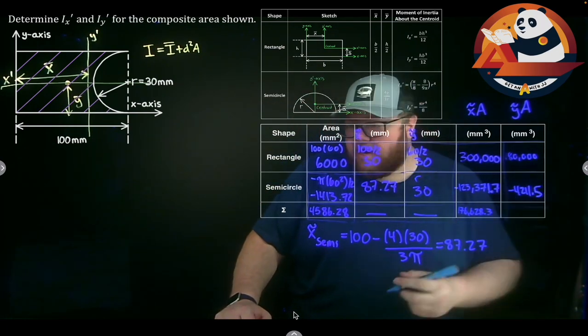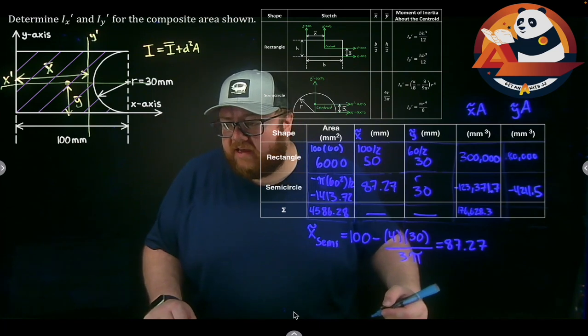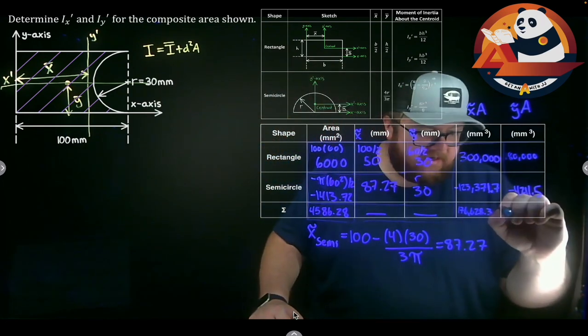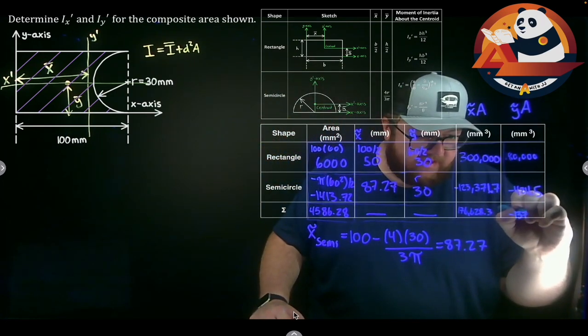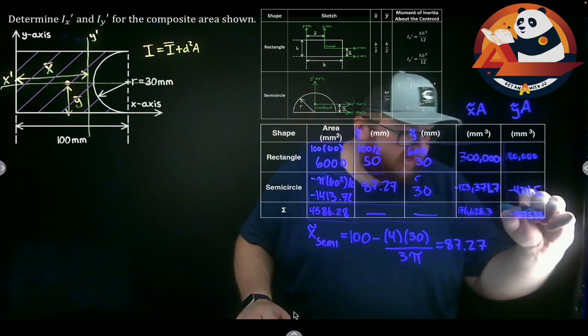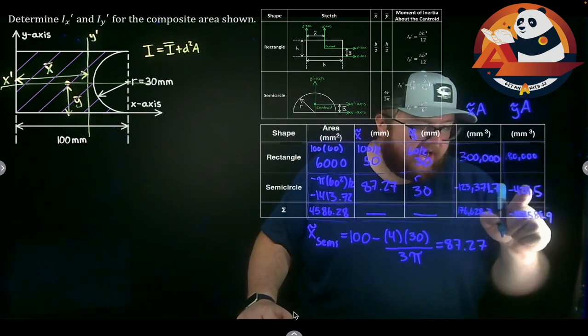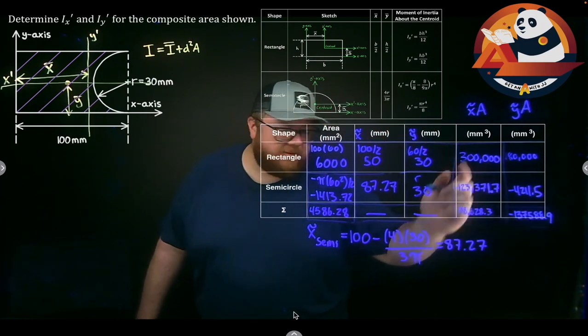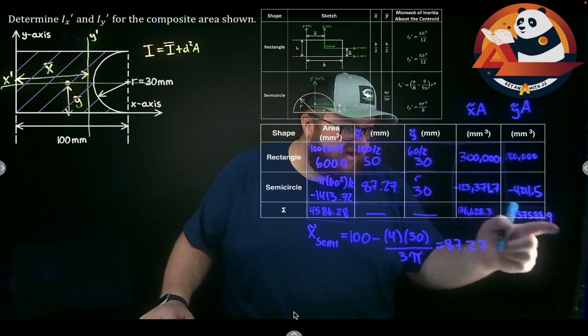And adding these up, we're going to get to 137,588.9. I think I have a calculation mistake. Oh no, 42,000. That checks out. Okay, I was dropping a digit there. But we can work with this.